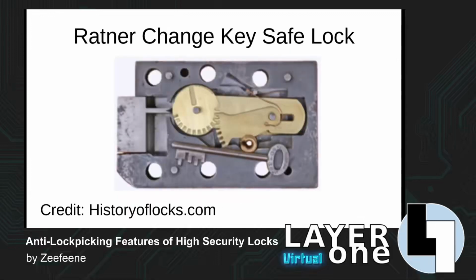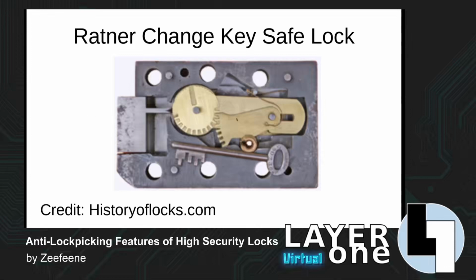And then we have, unfortunately, a rather blurry picture of my favorite lock, as it happens to be, the Ratner change key safe lock. This is a lever lock where we have a lever with these teeth on the end of it, and that engages with this sort of gear that has the gate in it.